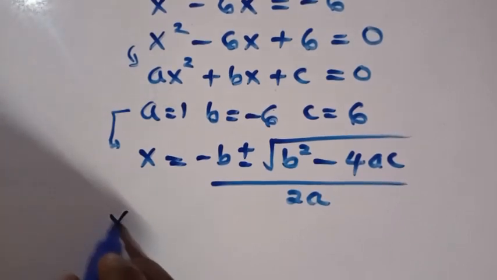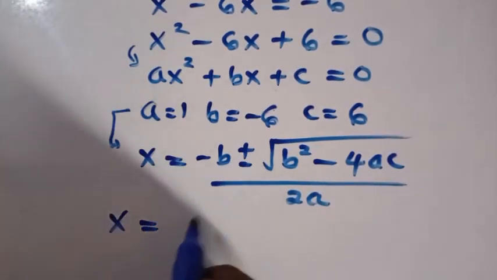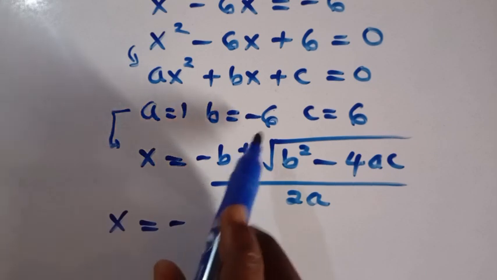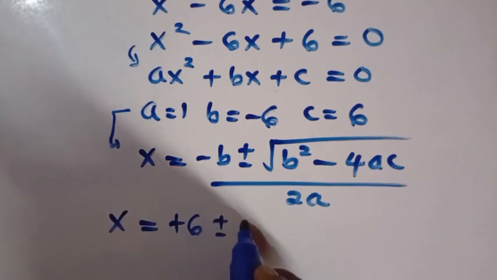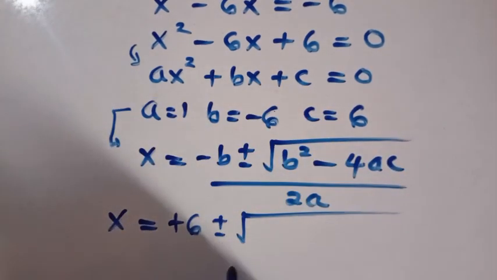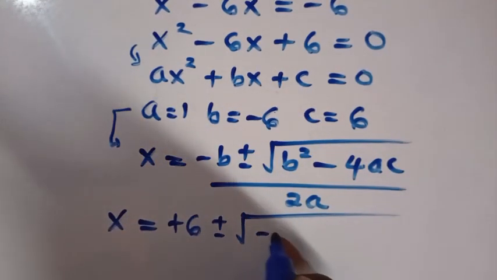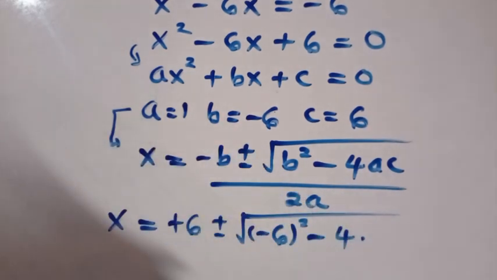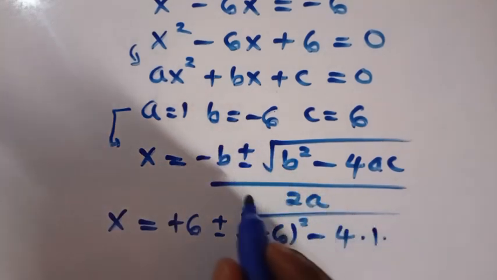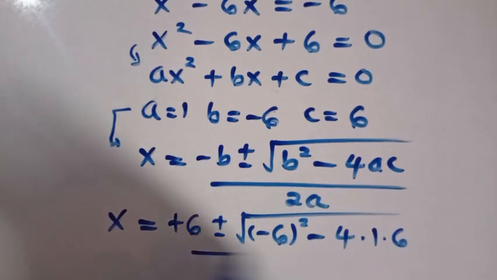So we plug all of this in, as we have minus 6 here, there is minus, so this becomes plus 6 plus or minus square root of minus 6 squared, so in bracket minus 4 multiplied by a, that is 1, and c here is 6, divided by 2 multiplied by 1.